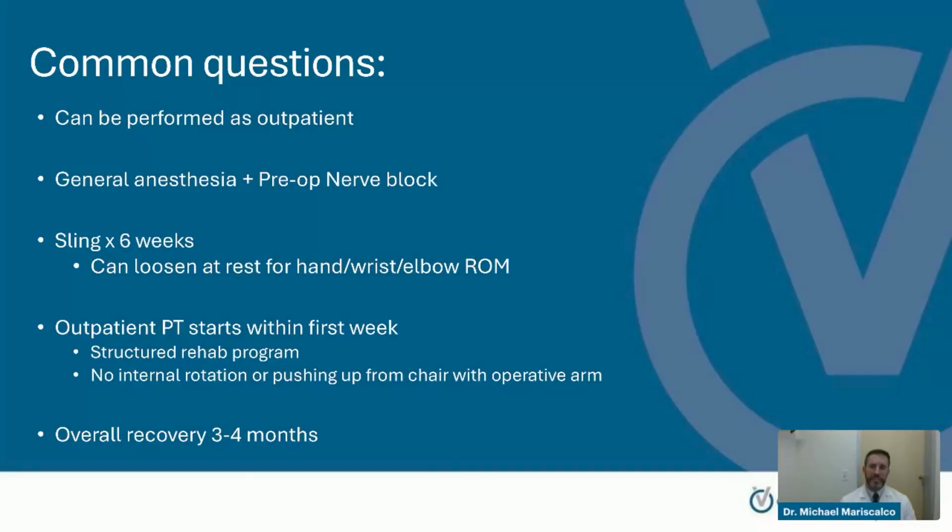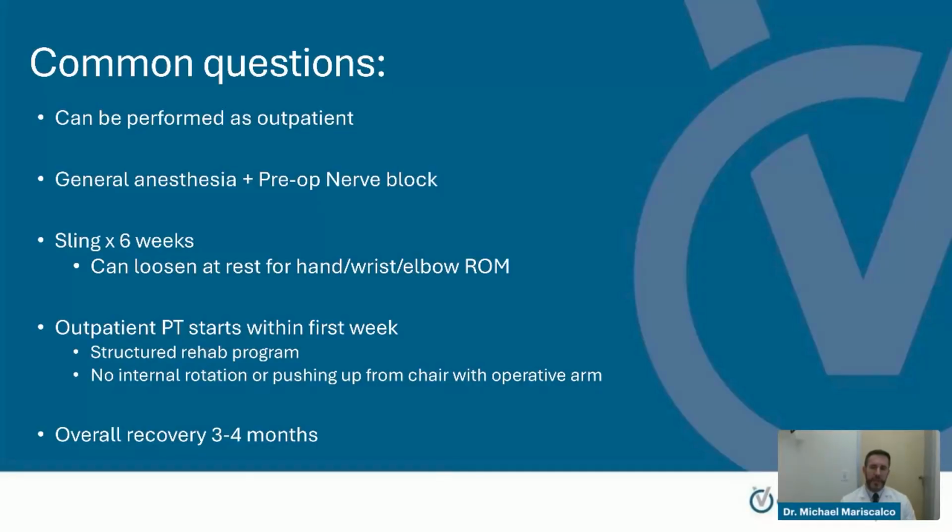Patients can loosen the sling at rest for hand, wrist, and elbow range of motion. Outpatient physical therapy starts within the first week. It is a structured rehab program. I tell and remind patients they need to be a good rule follower for the first usually 3 months to have an optimal outcome.